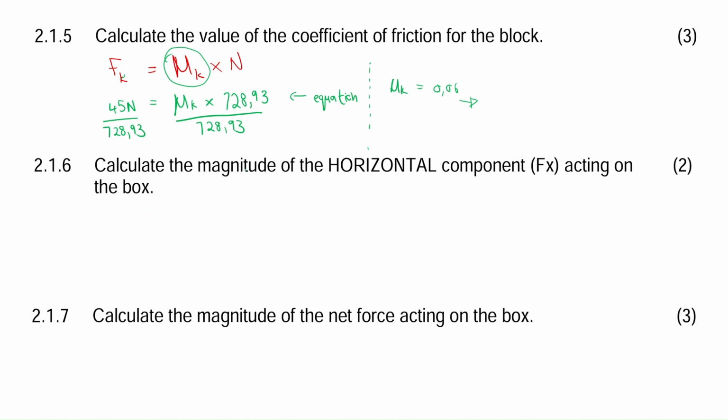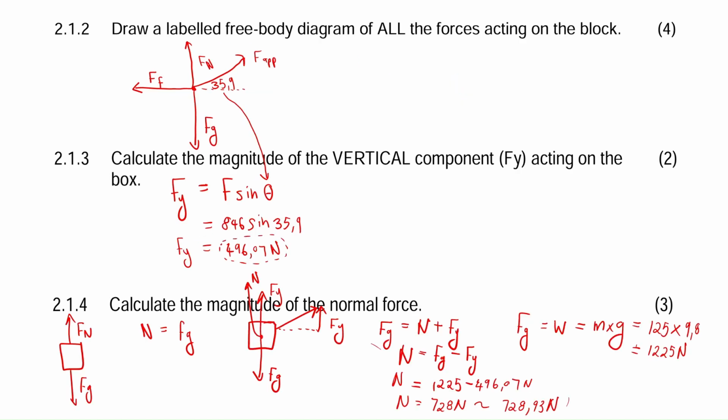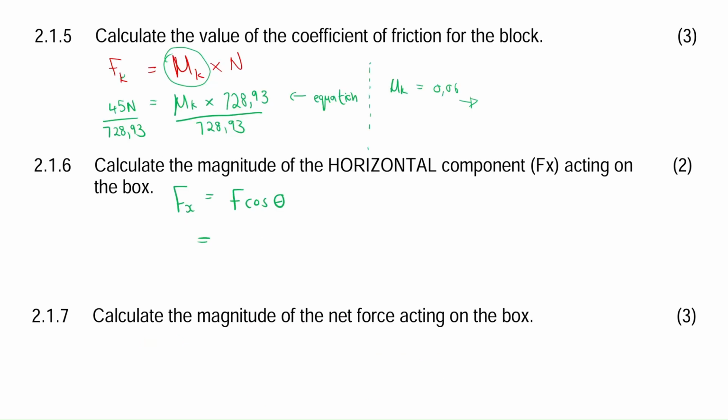2.1.6, they want us to calculate the magnitude of the horizontal component acting on the box. Again, the formula is already given to us. F of x is equal to the force itself multiplied by the cos of theta. Well, what is the force itself? If I remember clearly, the force itself is 846. I saw it there, I didn't remember it. 846 cos, I remember the angle, that is 35 degrees.